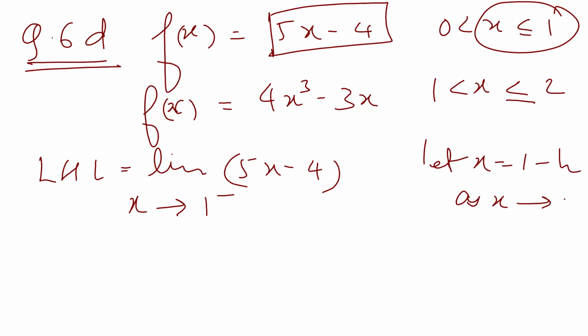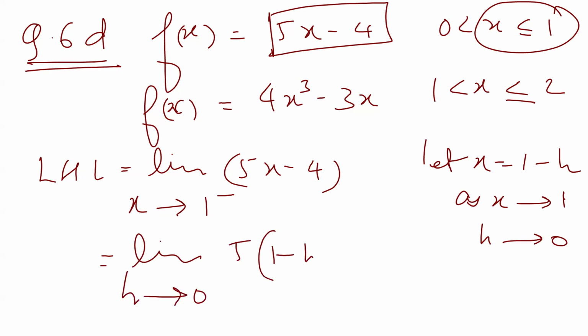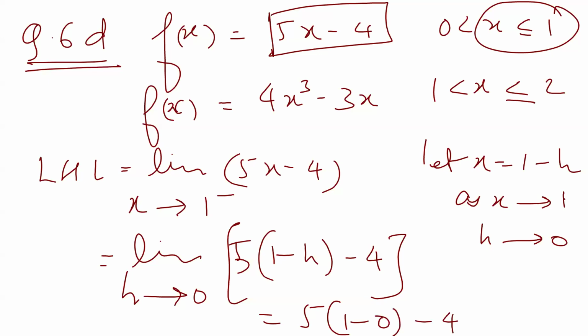As x approaches 1, h will approach 0. So limit h approaching 0, 5 into 1 minus h, minus 4. Now there is no denominator, no need to simplify this further. So this is going to be 5 minus 4, that is equal to 1. This is your left hand side limit.